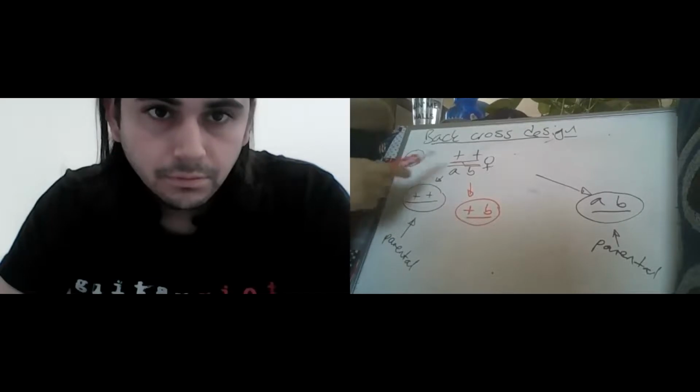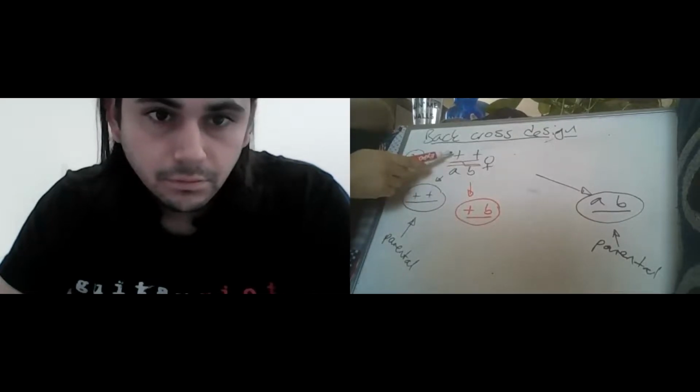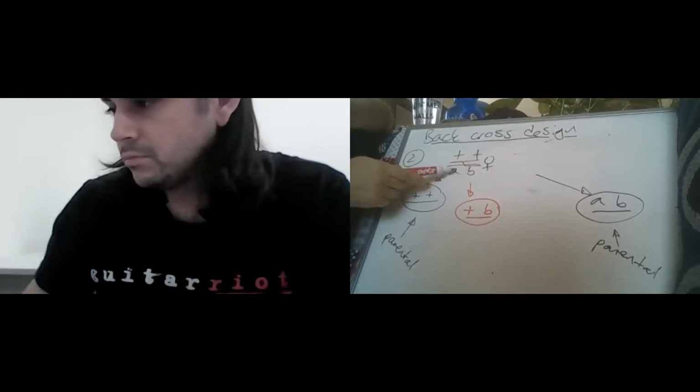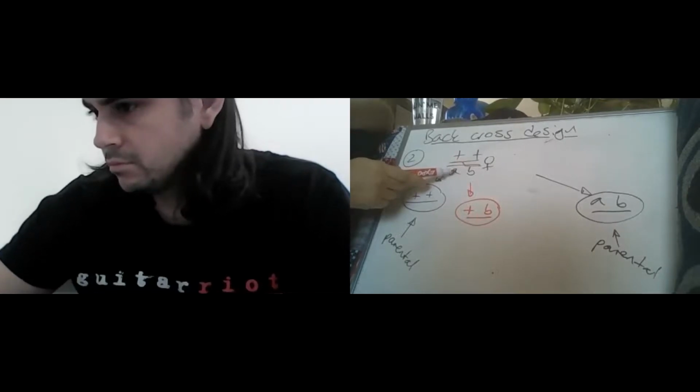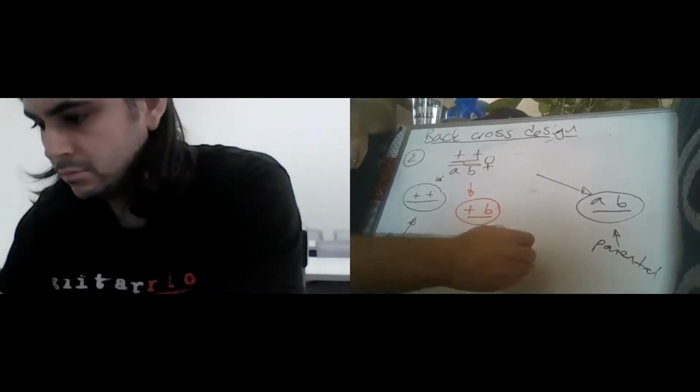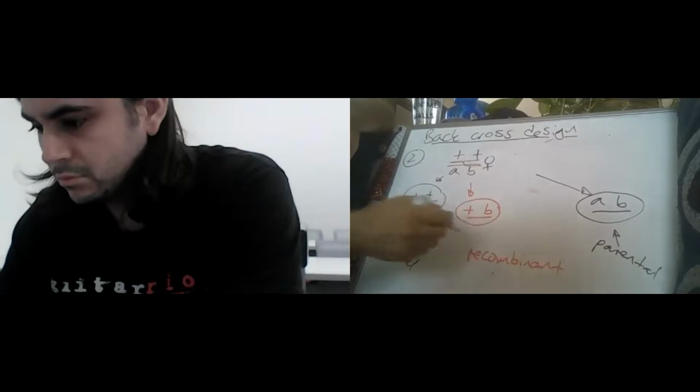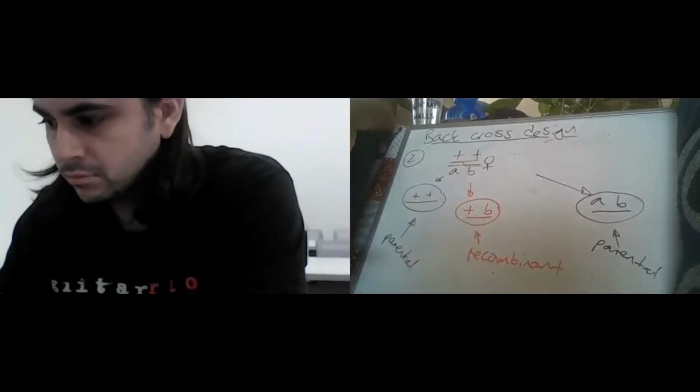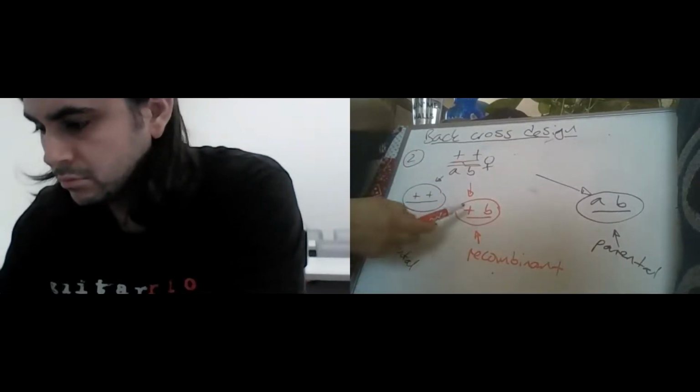Because recombination has occurred between this chromosome and this chromosome during meiosis. This is called a recombinant.